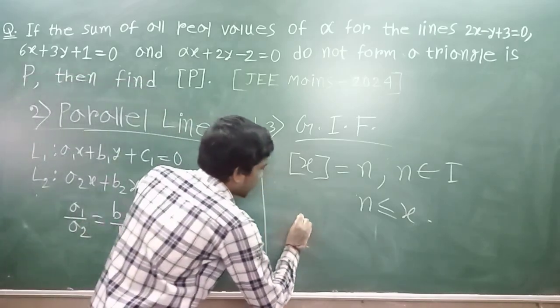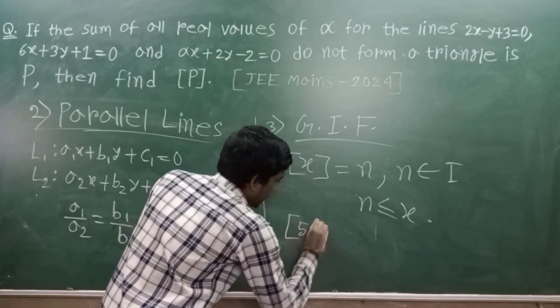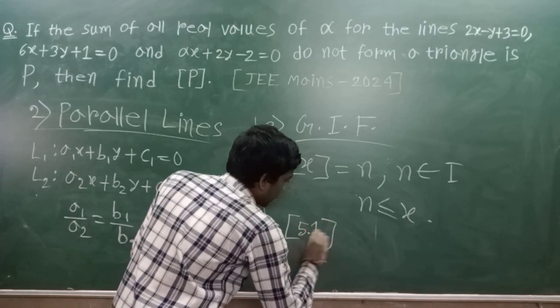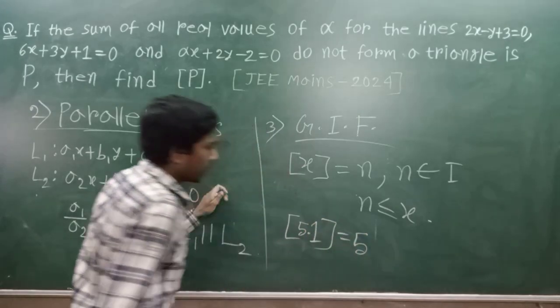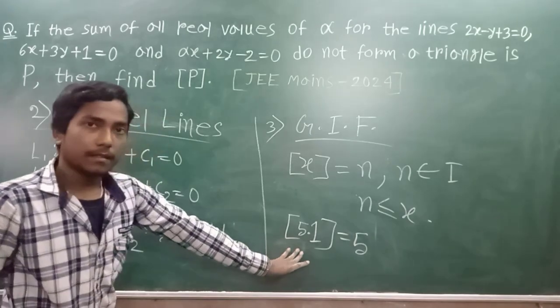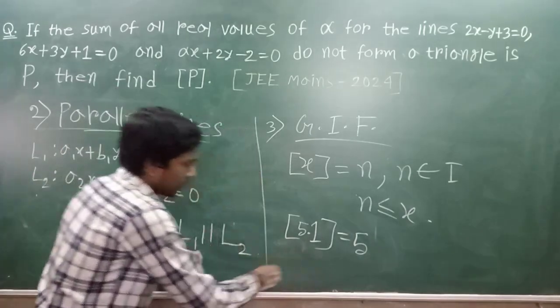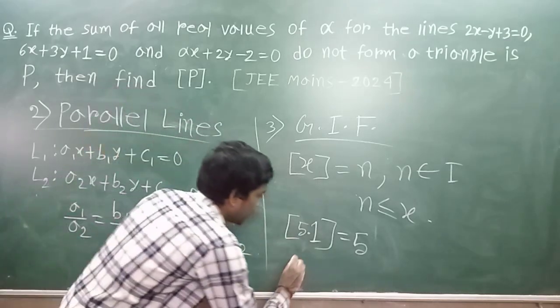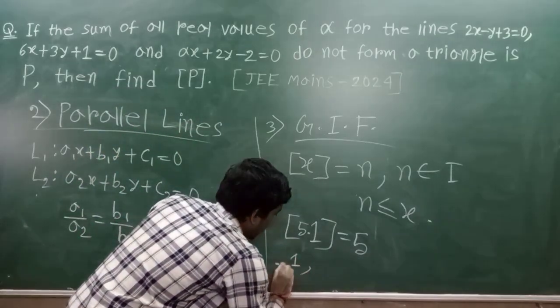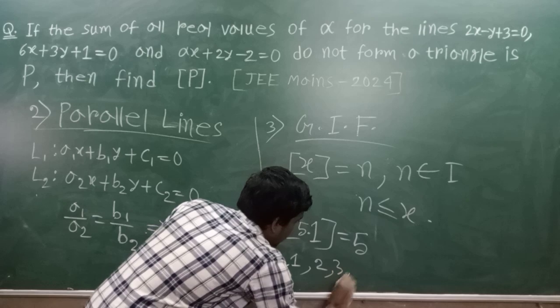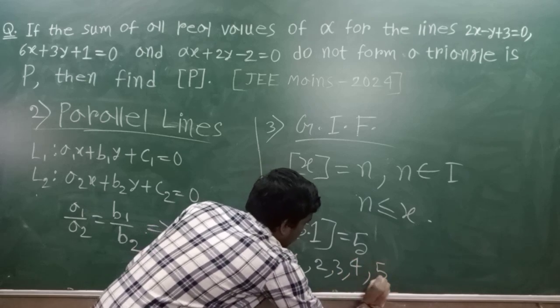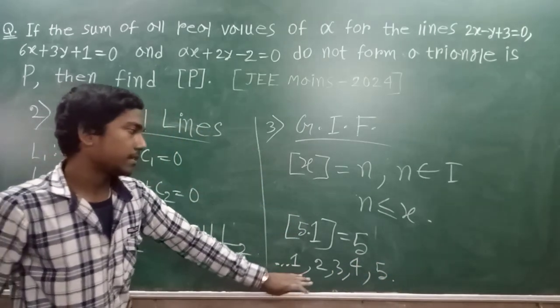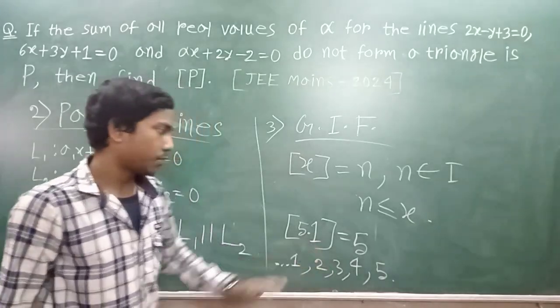Let's take some examples to understand. Say box 5.1, it will give us 5. Box 5.1 means if we observe there are infinite integers which are less than 5.1, like 1, 2, 3, 4, 5. These are all integers which are less than 5.1.